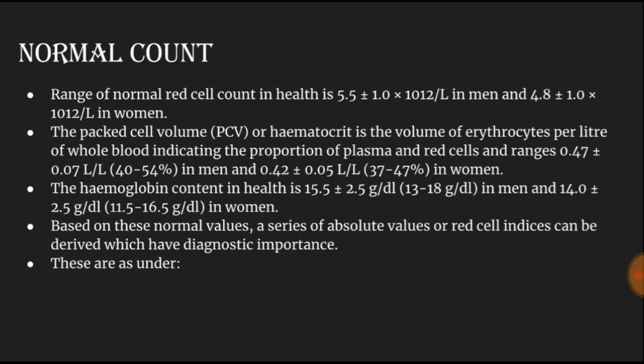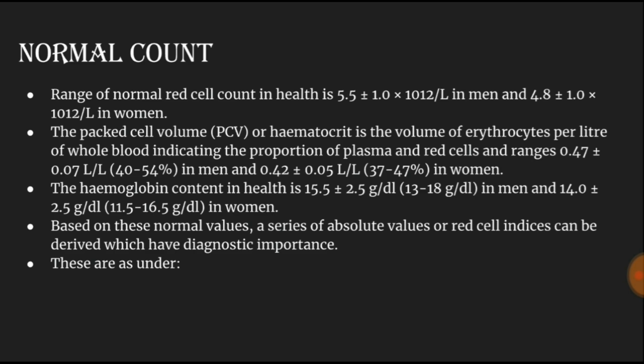The packed cell volume, or the hematocrit, the volume of erythrocytes per liter of whole blood, is around 0.47 plus or minus 0.07 liter in men, and 0.45 plus or minus 0.05 liter in women. That is the packed cell volume, or PCV, or hematocrit, the volume of erythrocytes per liter of whole blood. So you are calculating by the PCV method.